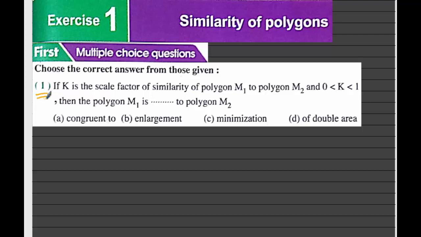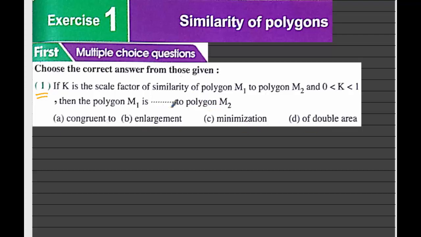Question number 1. If K is the scale factor of similarity of polygon M1 to polygon M2 and K is greater than 0 and less than 1, then the polygon M1 is blank to polygon M2. M1 may be congruent to M2 or enlargement or minimization of M2.